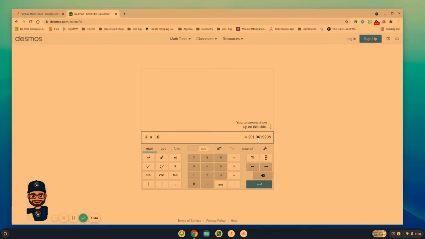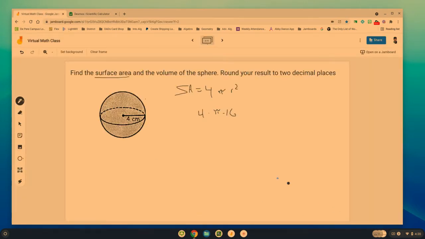201.06. It stays a 6. Because we're finding surface area, it's units squared. Volume, on the other hand, is almost identical, except it says 4/3 times pi times the radius cubed.